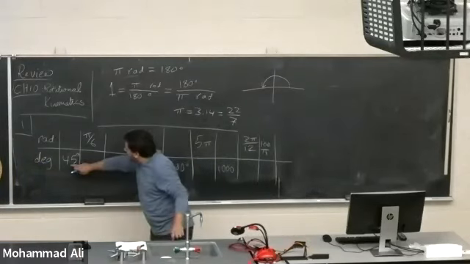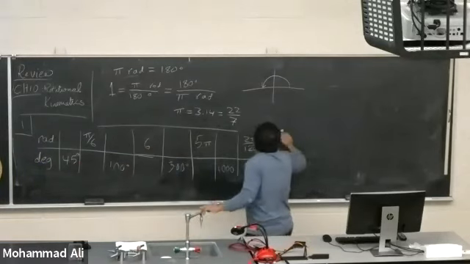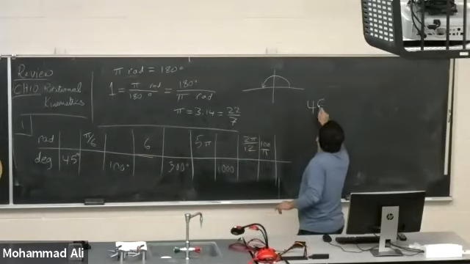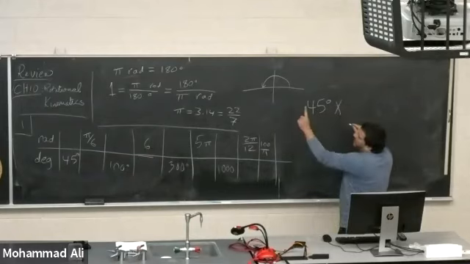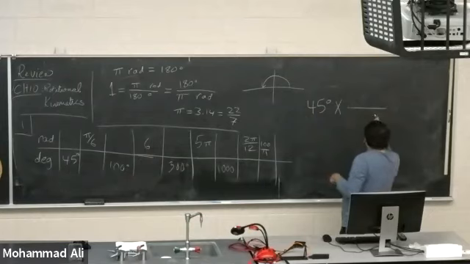Now I will solve the first one. I need to convert 45 degrees to radians. So I need to multiply by 1, which is one of these ones. I need the degree to be downward to cancel with this degree. So it is pi radian over 180 degrees.